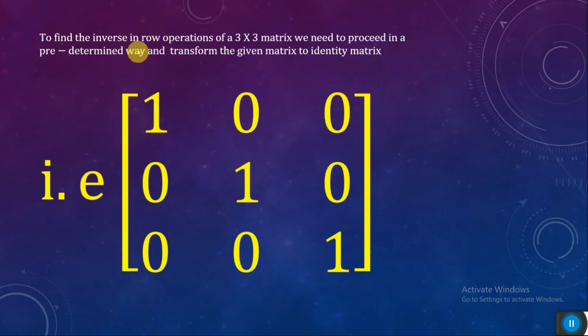Now to find the inverse by row operation of a 3 by 3 matrix, we need to proceed in a predetermined way and transform the given matrix to identity matrix. You have to proceed like this. First you need to make this one 1, then you need to go here, make this one 0, then go to this one, make 0, then you have to go to the middle element here and make it 1.